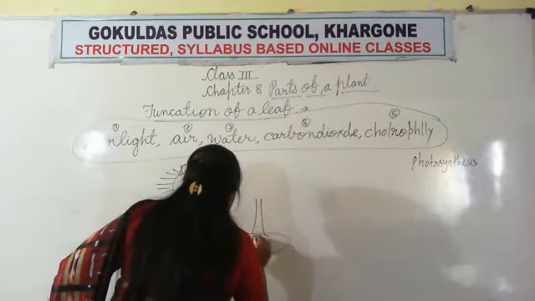See, as like human being, plants also need food. Then what is the process of the plant? Yes, plants need sunlight, air, water, carbon dioxide, chlorophyll. Sunlight, plants get from the sun, right? Air, hava, they are getting air in the form of carbon dioxide, which is already available in the air.